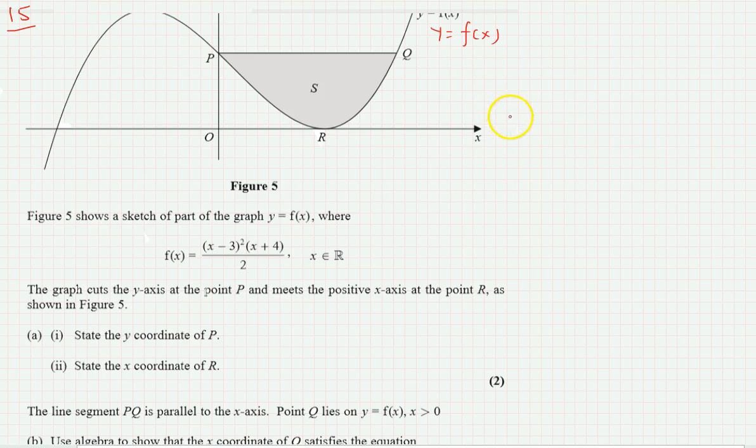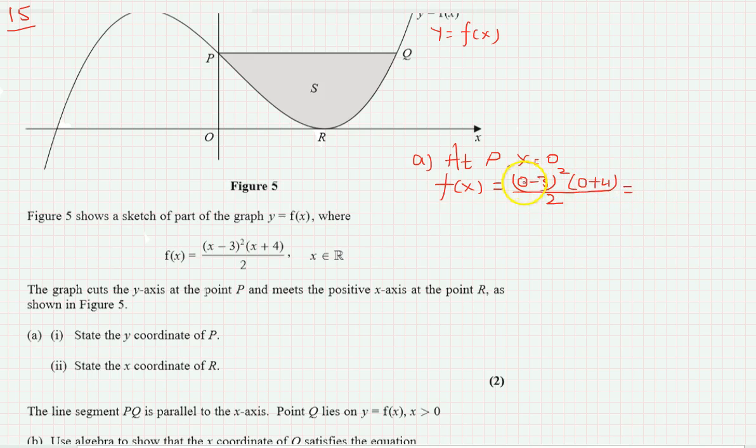So part A is at P. P is on the y-axis. So at P, x is equal to 0. So f(x) at x is equal to 0, that is f(0), will be (0 minus 3) squared times (0 plus 4) over 2.